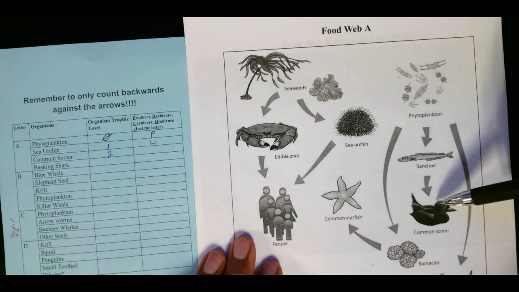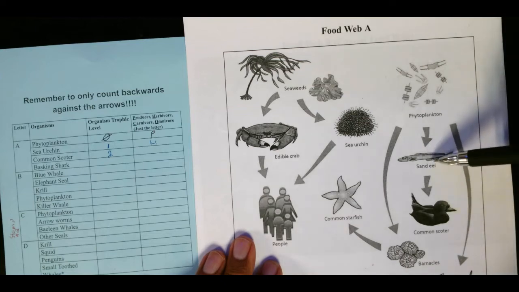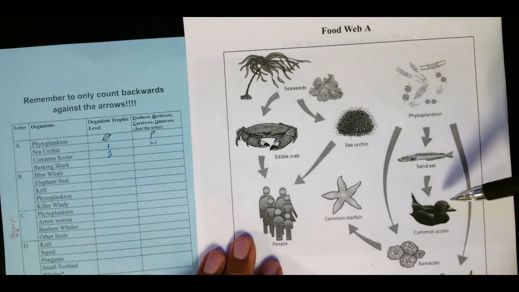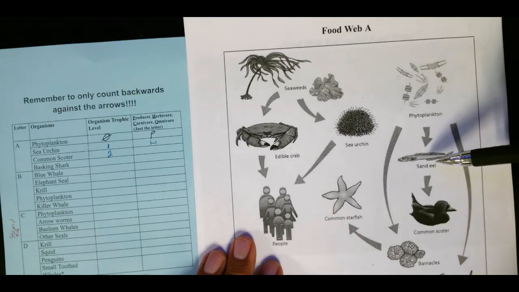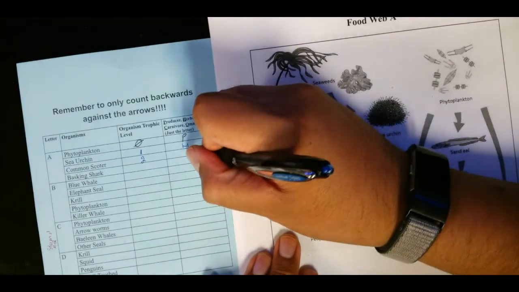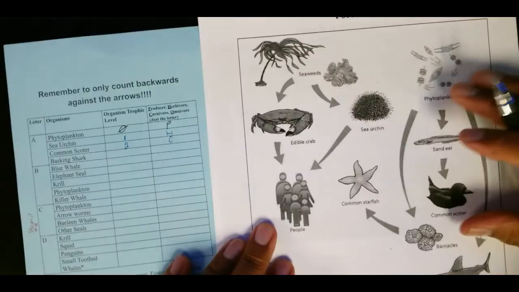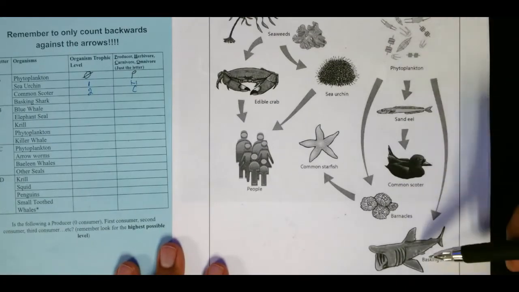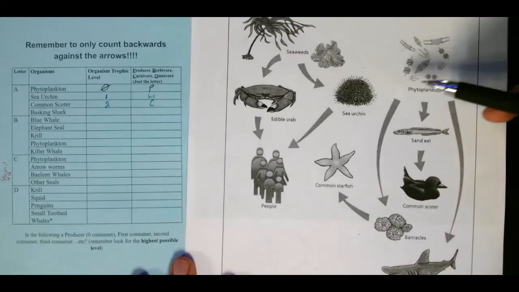Is it a carnivore? Yeah, maybe, because it's eating this. But is it eating an animal and a producer? No. Since it's only eating other animals, we're going to call this a carnivore. All right, I'm going to let you do the basking shark. So again, just think, okay, how many moves backwards and what is it eating?